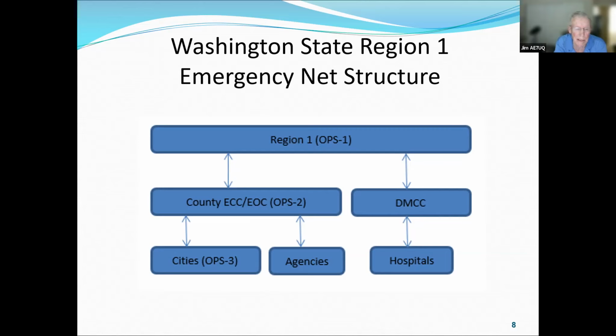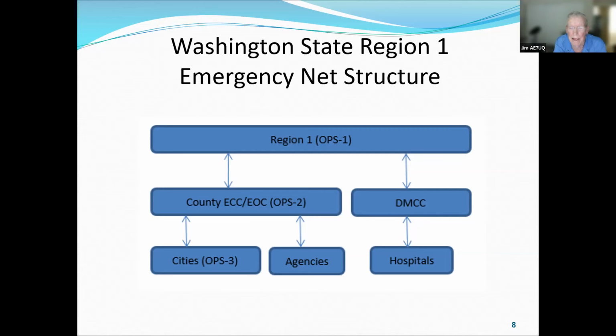So the county net, the Ops 2, then has an indication of how many groups are operational in the county, how many operators are there. And the same thing would happen in a real emergency. They would activate the EOC, and all these nets would jump into operation to assess the current situation in the county.